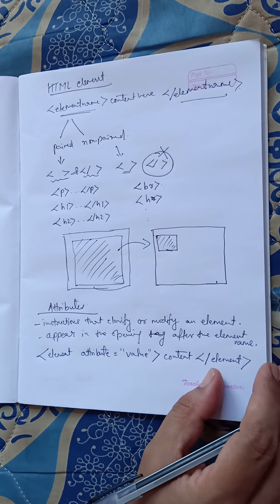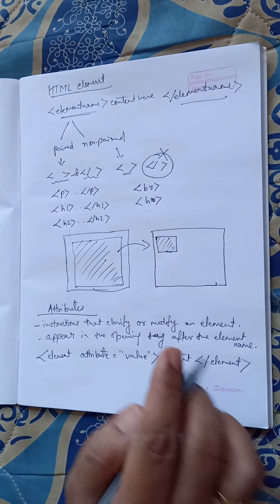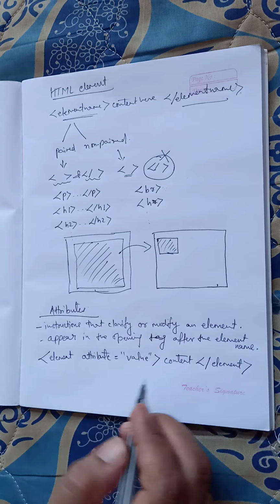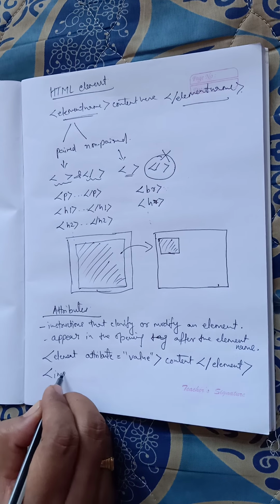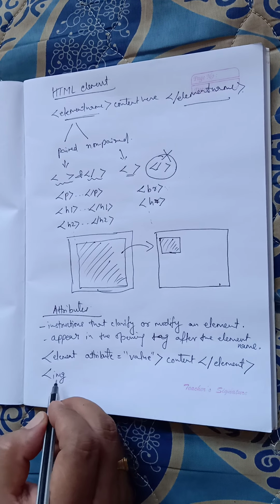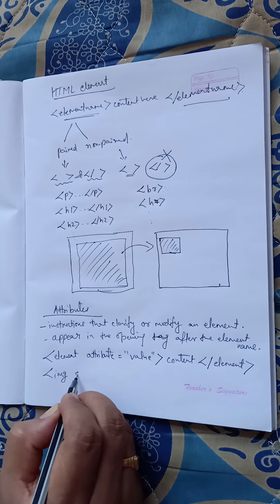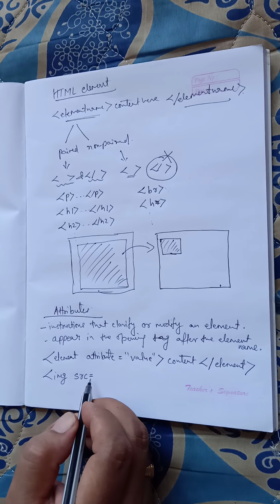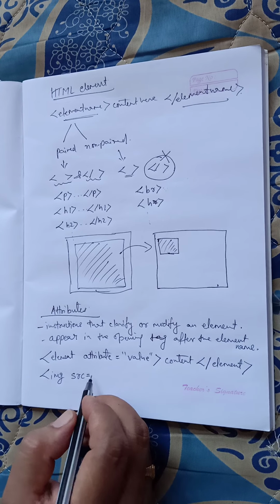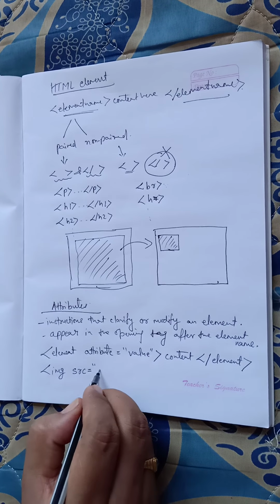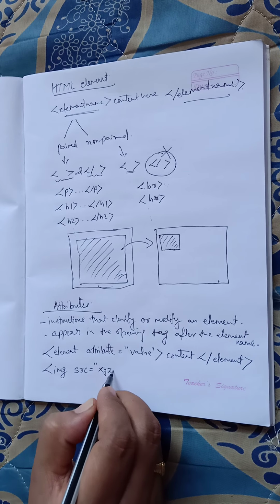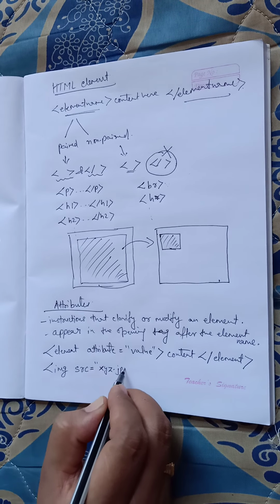For example, if I am taking an image, this is my tag img, so I have to mention the source, where my image is located. I'm mentioning a name, suppose xyz.jpg.